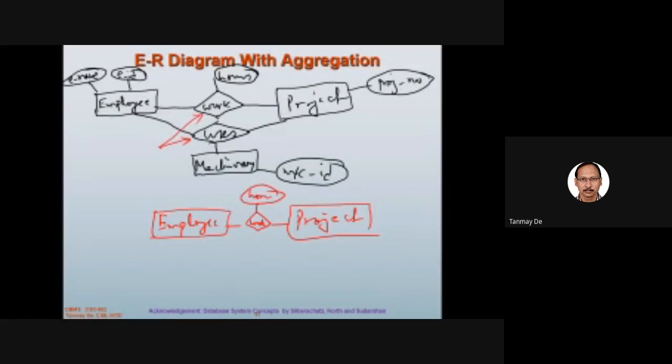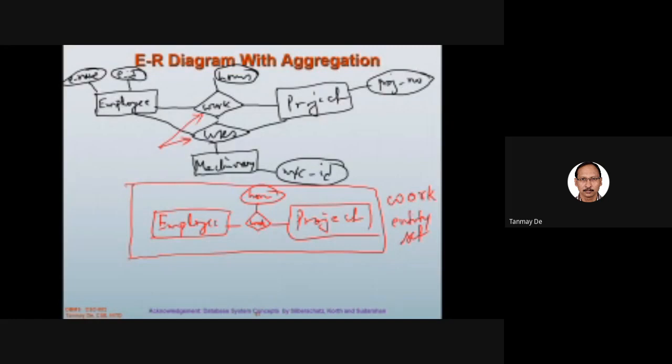This part we can aggregate, or abstract, and think of it as one entity set, say work entity set.